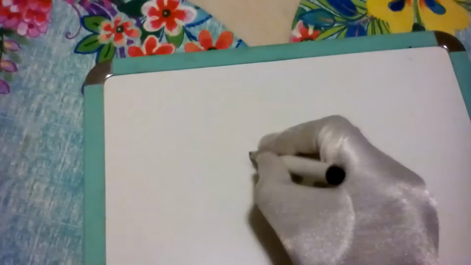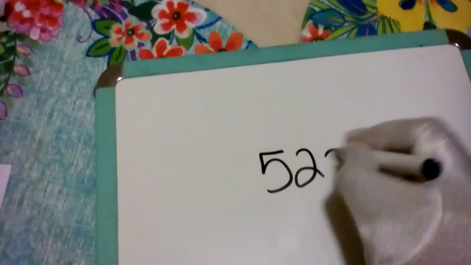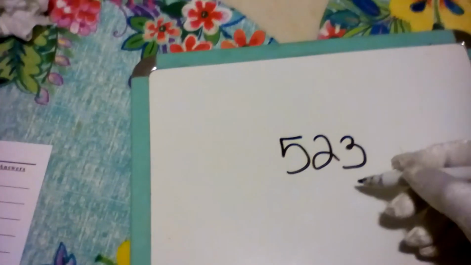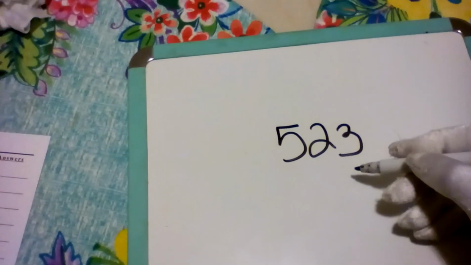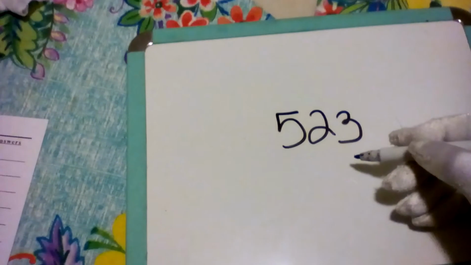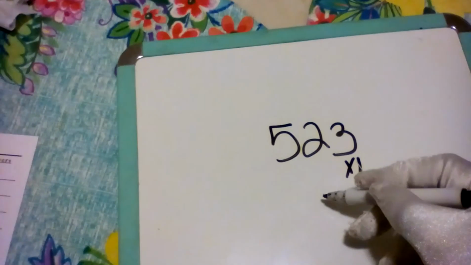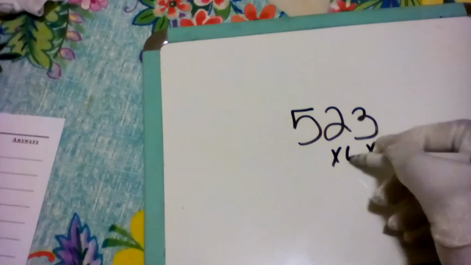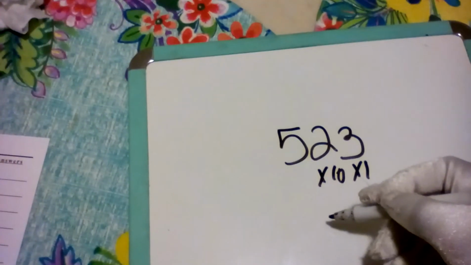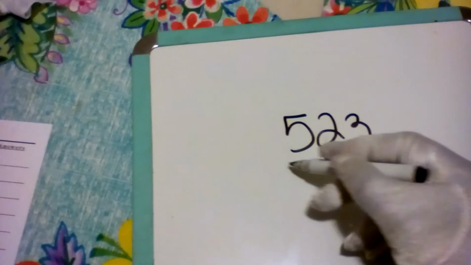Remember, we wrote it out, and we broke it down in terms of place value. We said that the number farthest right is the ones place. The number directly to the left of it is the tens place. And the number directly to the left of the tens place is the hundreds place.